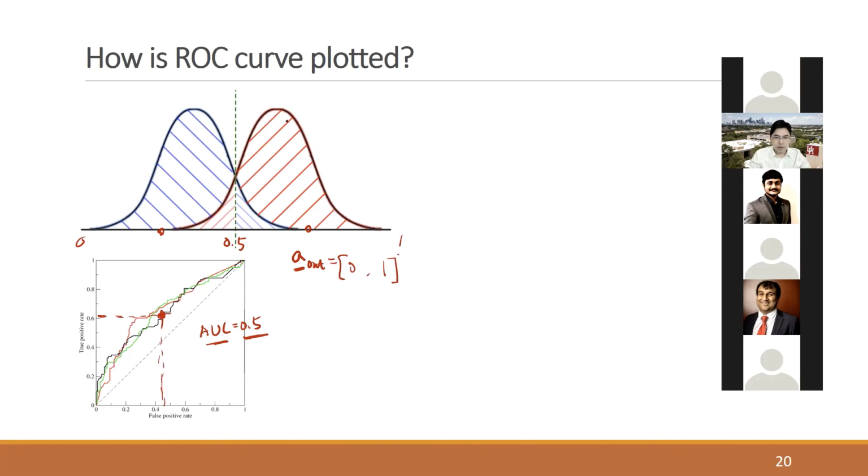When the color is dark, that means it's a true prediction. So dark red is true positive, and dark blue is true negative. When the color is light, it's a false prediction. So positive cases predicted as negative because they are below the threshold are false negatives. And light blue is false positive.